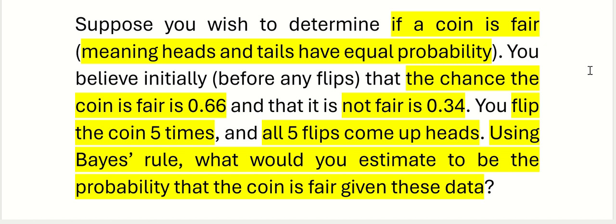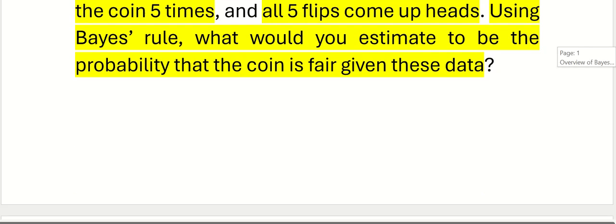And so the unfairness will be 0.34, that means 1 minus 0.66. To validate your hypothesis, you have to do an experiment. So you decided to flip the coin 5 times to see the data, and based on that data and using Bayes' rule, you want to see if your hypothesis is true or not. So let's start the calculations.